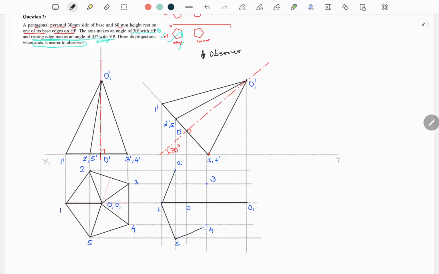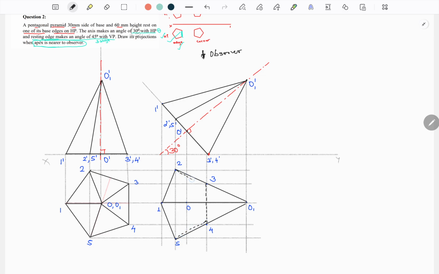Now 5 to O, sorry, and 2 to O. Okay, then this will be drawn as a dotted line. This point can be inside or it can be outside. Mostly it will be inner side, so you have to draw it as a dotted line. This will be the point.